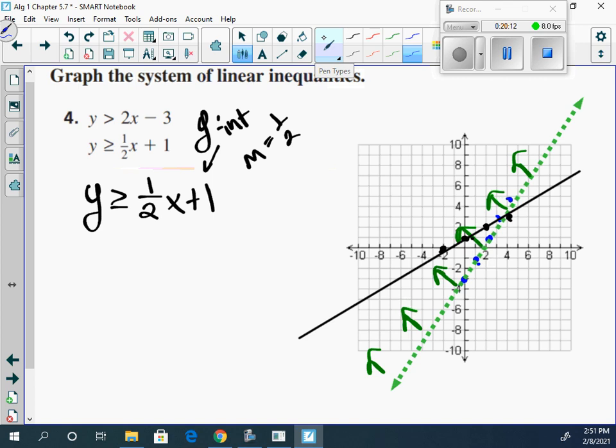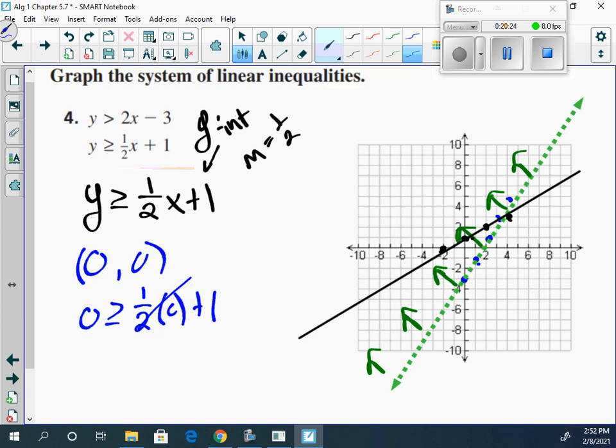And lastly, what do we need to do? So check 0, 0. So 0 is greater than or equal to 1/2 times 0 plus 1. So we're going to shade away from the origin where these two axes cross.